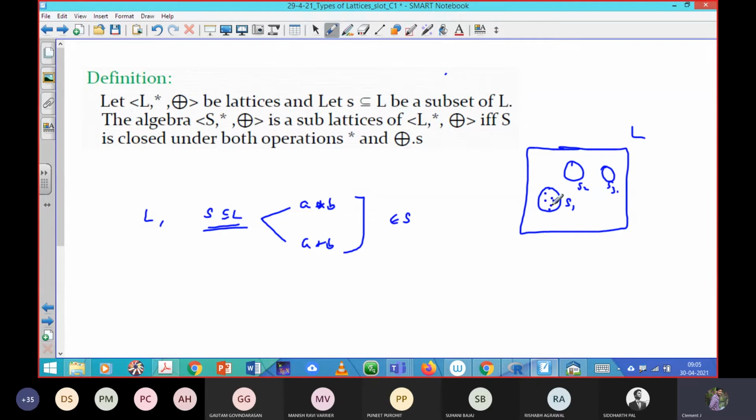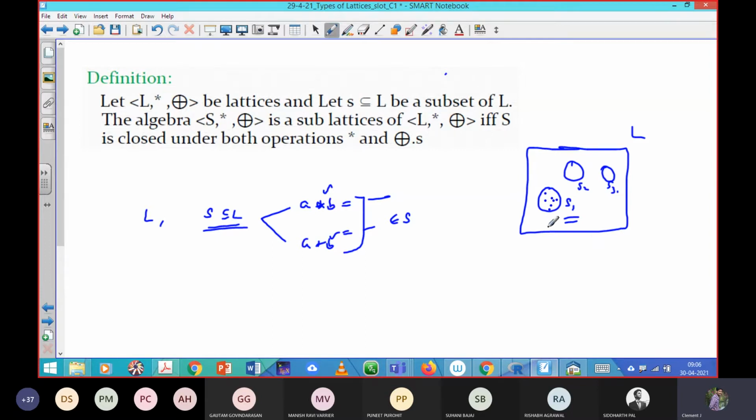For each and every pair of your S, if you apply the closure operation, that is, closed with respect to the two operations, GLB and LUB, then the answers should belong to S, the same subset. Those answers should lie inside the same subset itself, and then the subset is called a sublattice.